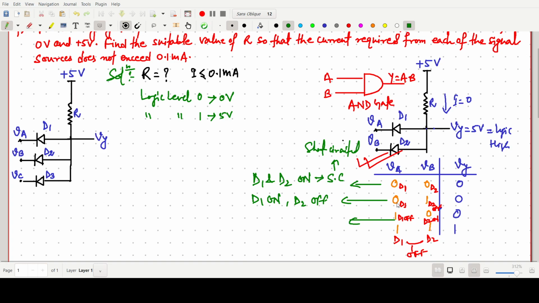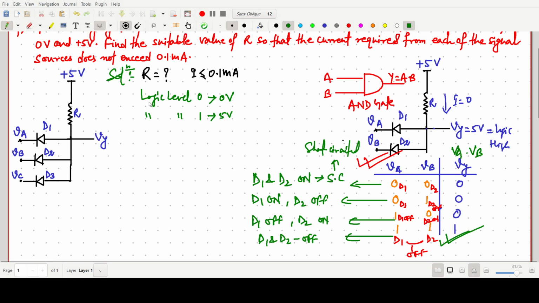In this case, with VA, D1 will be off but D2 will be on. In this case, D1 and D2 both will be off. So this is nothing but simply an AND gate. VY equals VA into VB, with the combinations 0 0, 0 1, 1 0, 1 1. So this is basically an AND gate representation.